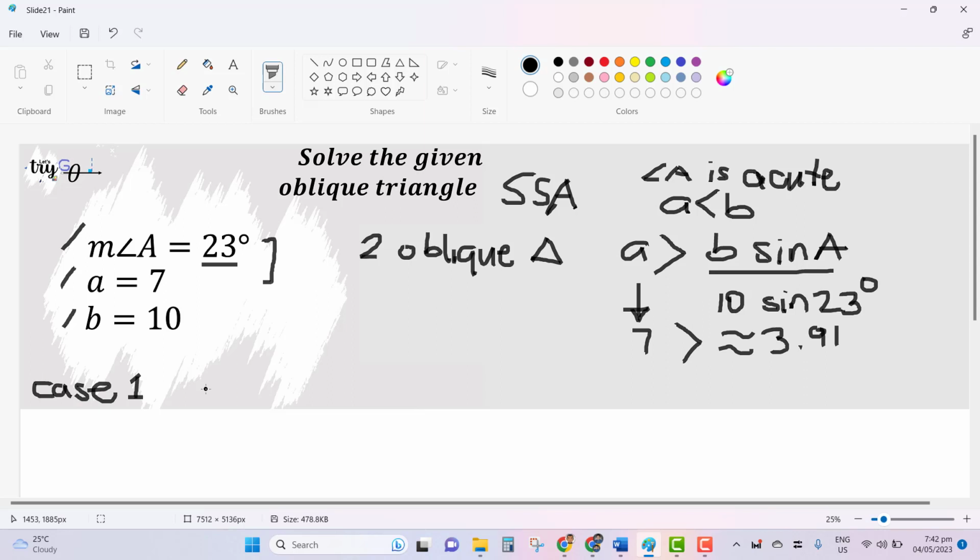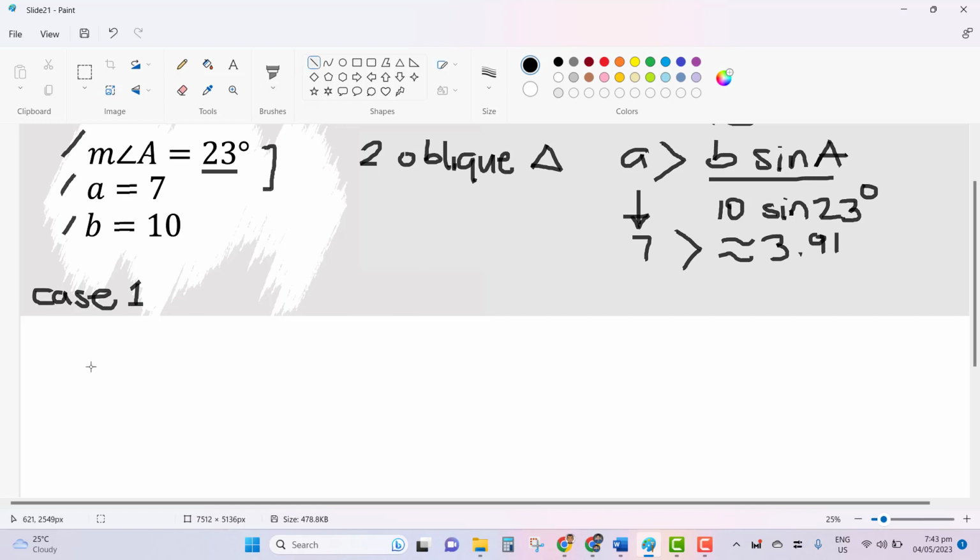Case 1. Case 1 is where our triangle that can be formed will look like this. Let me increase the size again. Okay. Let's have it like this, and the other one will look like this here.